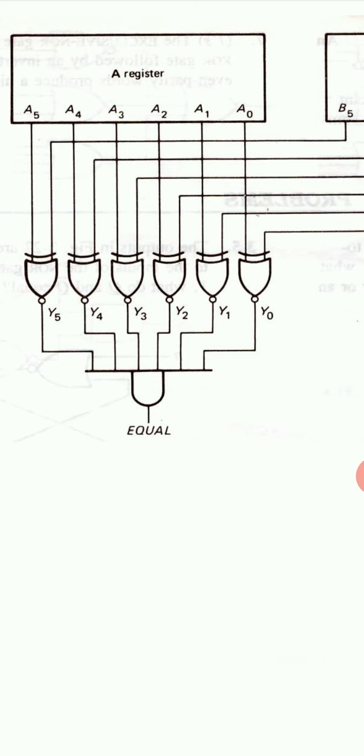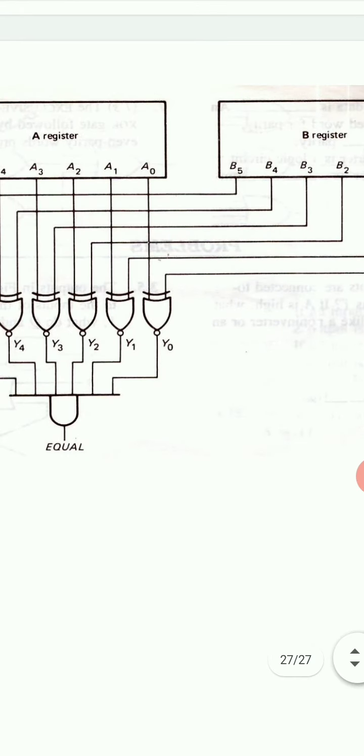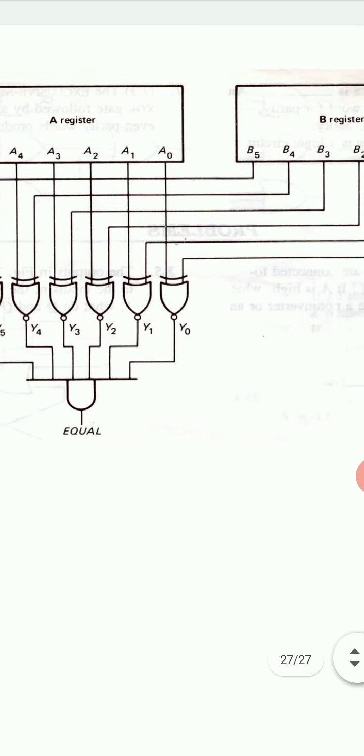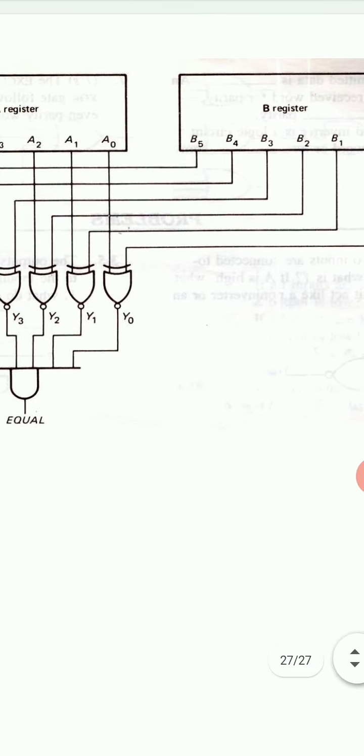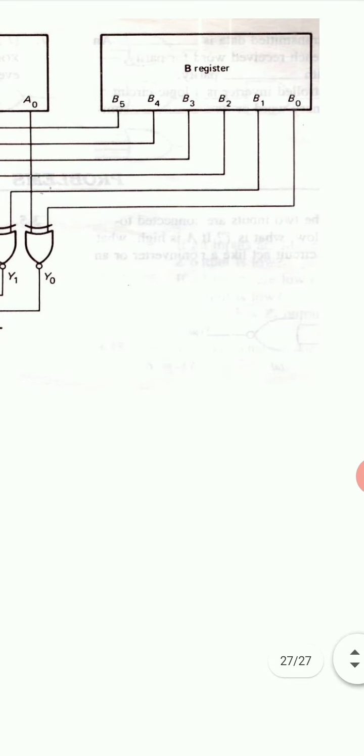Register A stores word A5, A4, A3, A2, A1, A0, and register B stores a word which is B5, B4, B3, B2, B1, B0. And these bits A0 and B0 are inputs of this exclusive NOR gate, output of which is Y0.